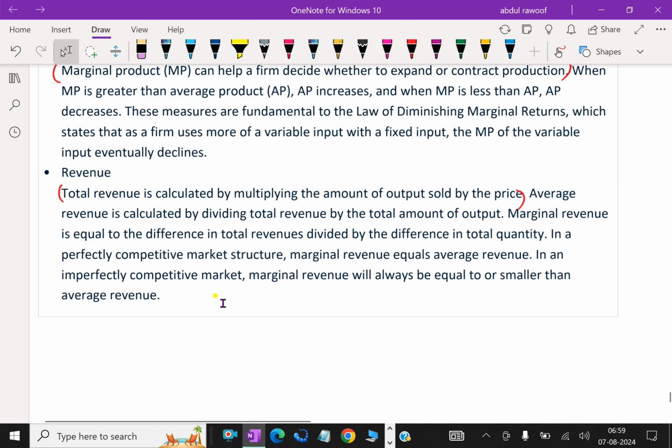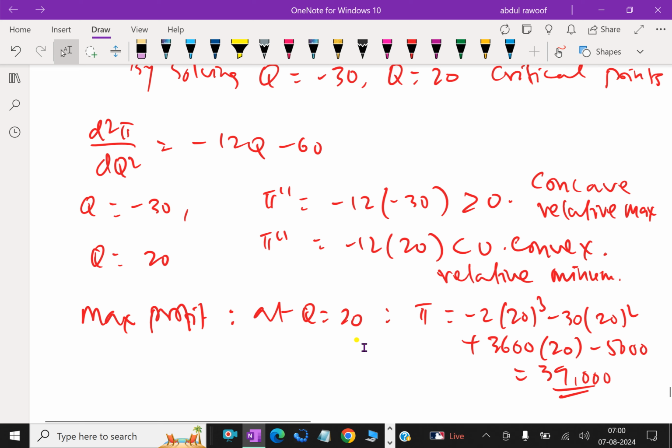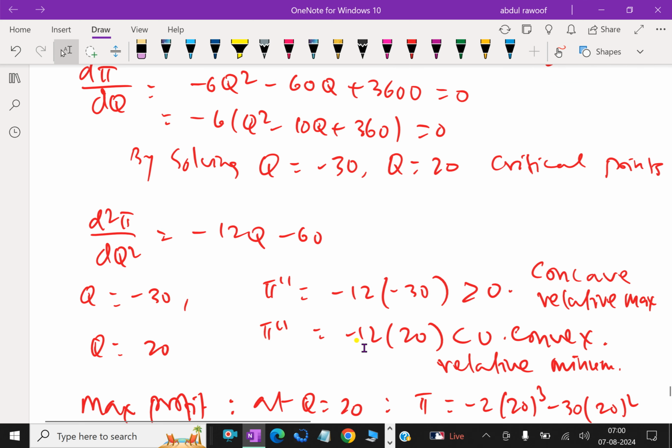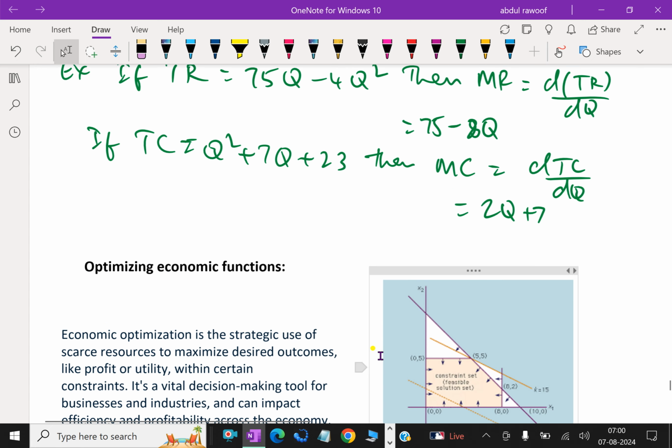In a perfectly competitive market structure, marginal revenue equals the average revenue. In an imperfectly competitive market, marginal revenue will always be equal to or smaller than the average revenue. So far, we discussed optimizing economic functions as well as marginal concepts of economics.